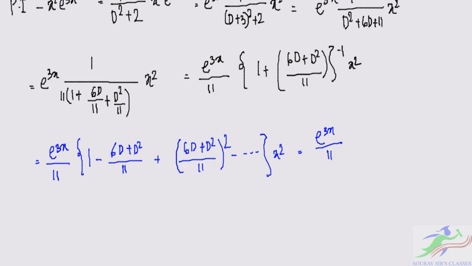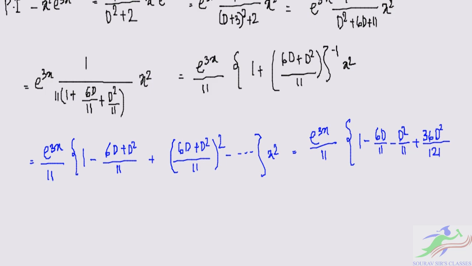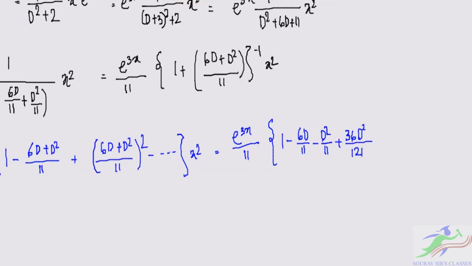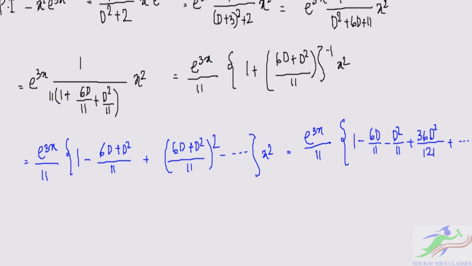Simplifying further, we get 1 - 6D/11 - D²/11 + 36D²/121.